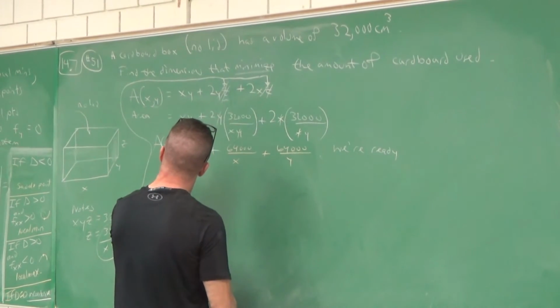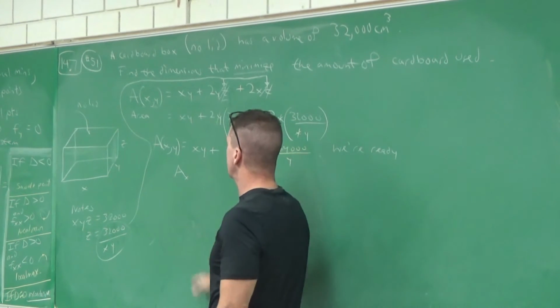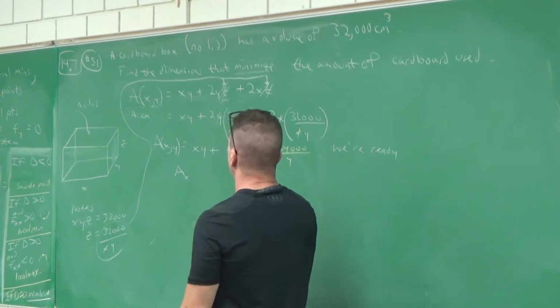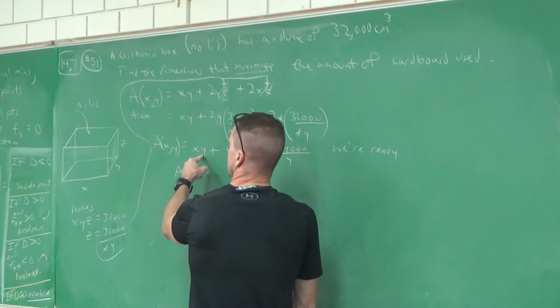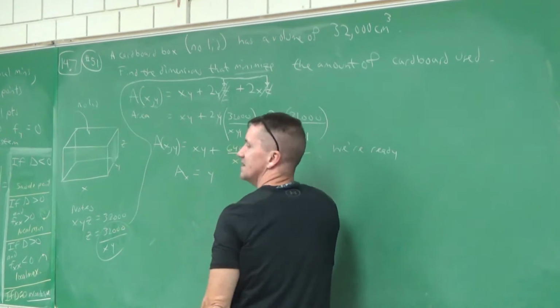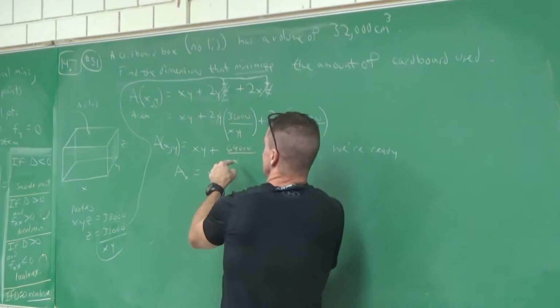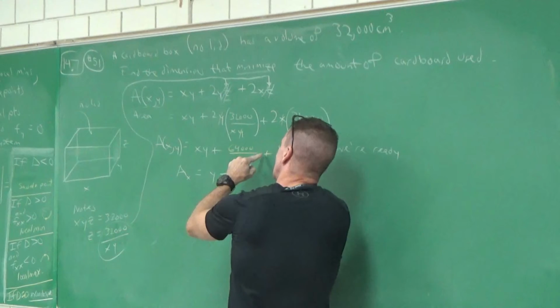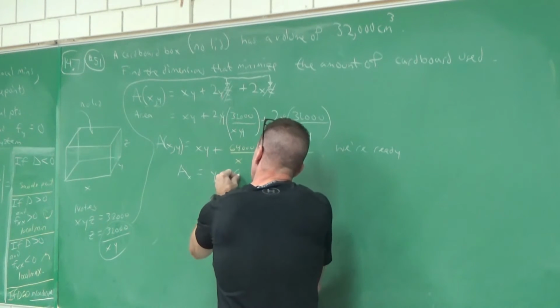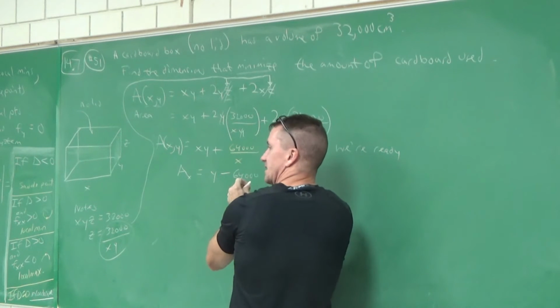I'm going to call this the partial derivative with respect to x, A sub x. The partial derivative of xy would just be y. How do you do the next one? Just think of 64,000 over x as 64,000 times x to the negative 1. Multiply the negative 1 in front and decrease the exponent by 1, and you get x to the negative 2.